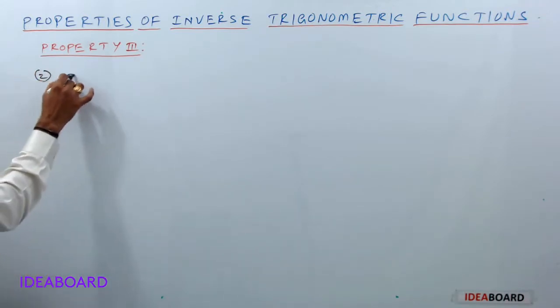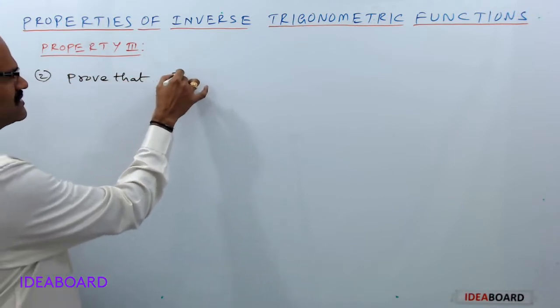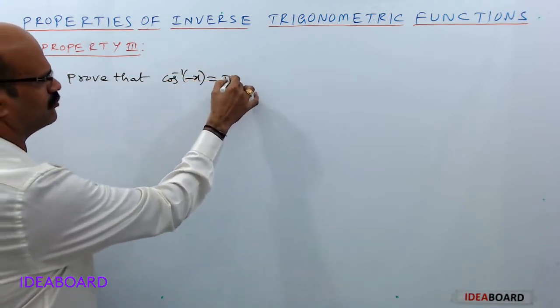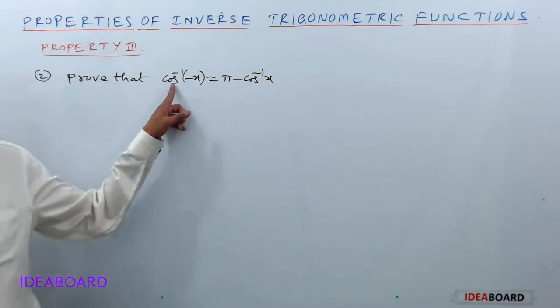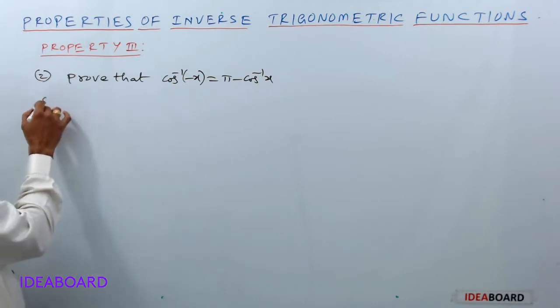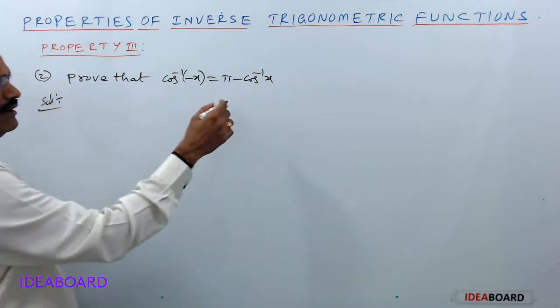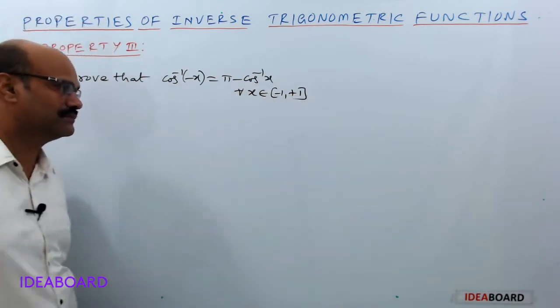Second one, prove that cos inverse of minus x equal to pi minus cos inverse of x for all x belongs to minus 1 to plus 1.